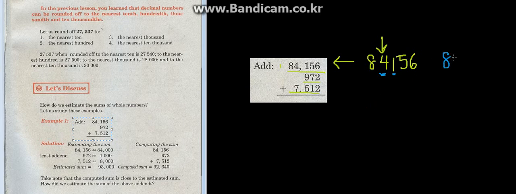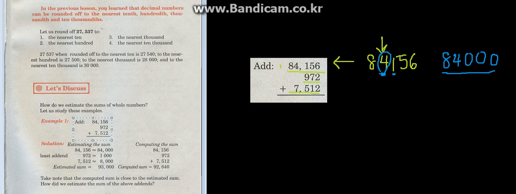The rounded number will be 84,000, because we are not adding any number to this 4. The 1 is replaced with a 0, 5 is replaced also with a 0, and then another 0 for the 6. So it's going to be 84,000 when we round it off to the nearest thousand place.